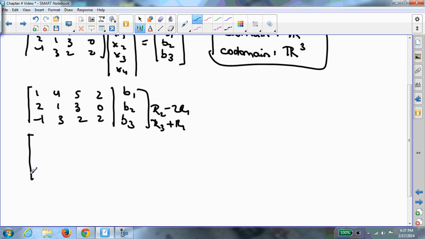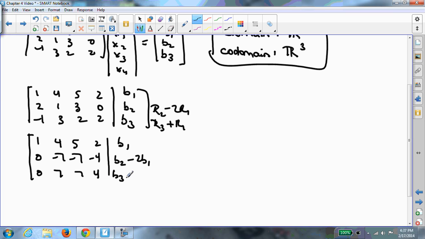So if I do 1, 4, 5, 2, b1, row 2 minus 2 row 1s is going to be 0, negative 7, 3 minus 10 is negative 7, 0 minus 4 is negative 4. And that is b2 minus 2b1. And then, let's see, row 3 plus row 1, 0, 7, 7, 4. So that's b3 plus b1.